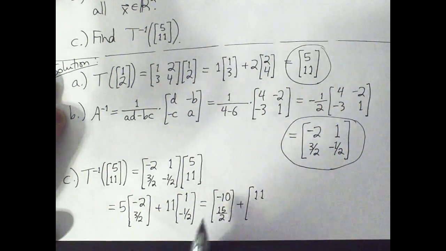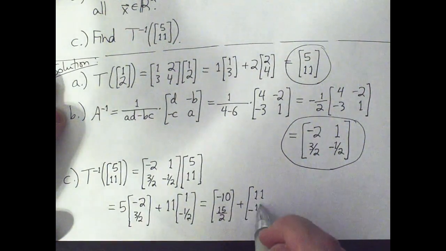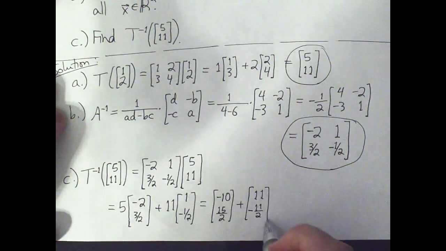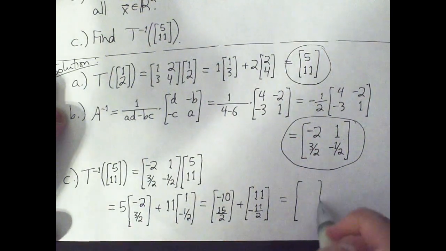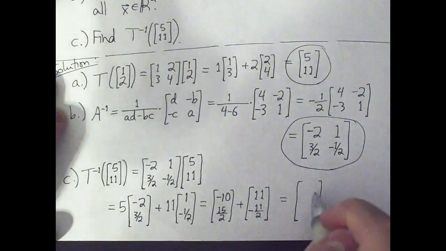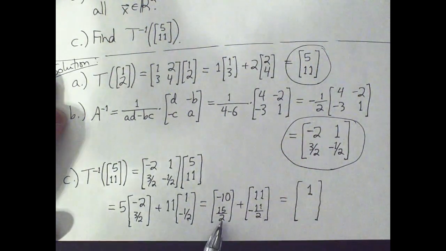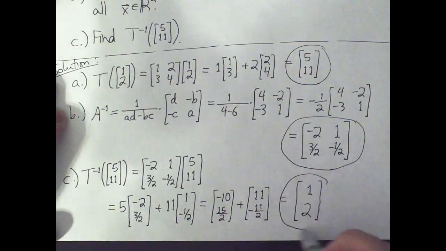And then down here, 11 times negative 1/2. Let's just write minus 11 halves. Okay. And now let's add those two vectors together to get the result. Negative 10 plus 11 is 1. 15 halves plus negative 11 halves is going to be 4 over 2. 4 over 2 is 2. That's the answer to part C.